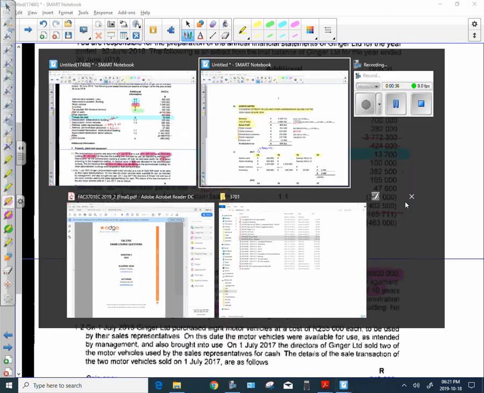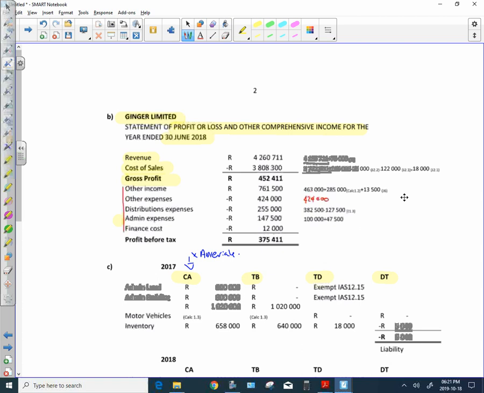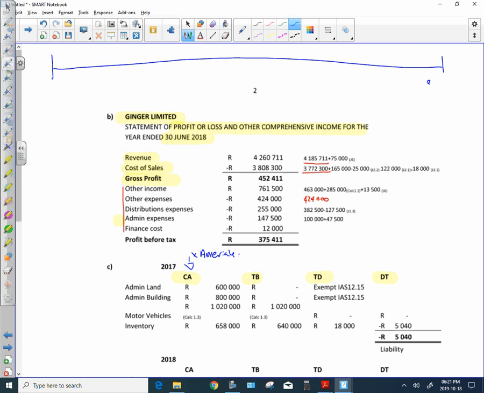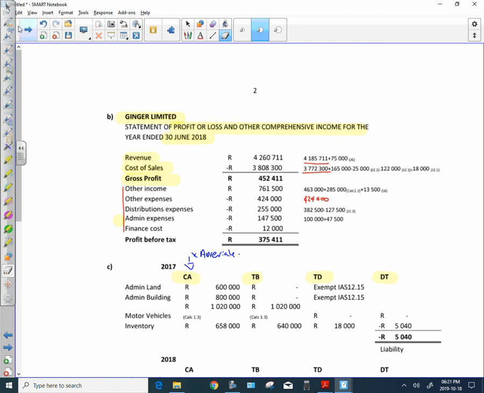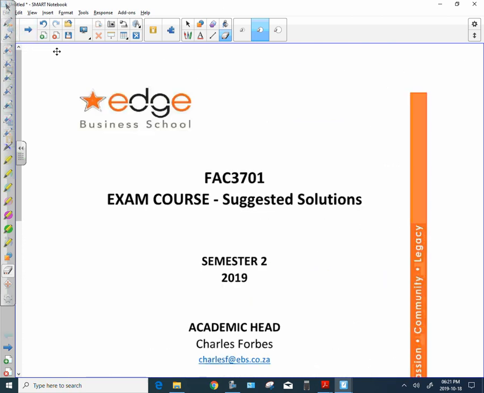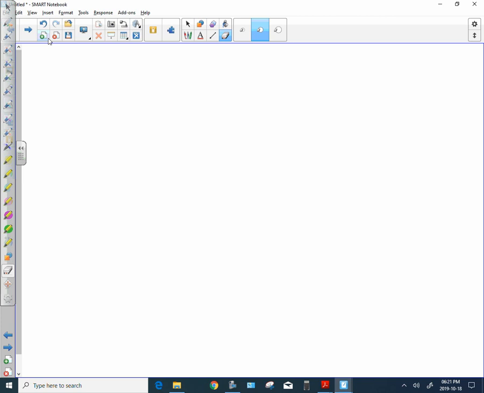Right, before we delve into that calculation, what I first want to do is just draw a timeline so we can orientate ourselves. Our year end, we said, was the 30th of June. I'm going to do this on a separate page.